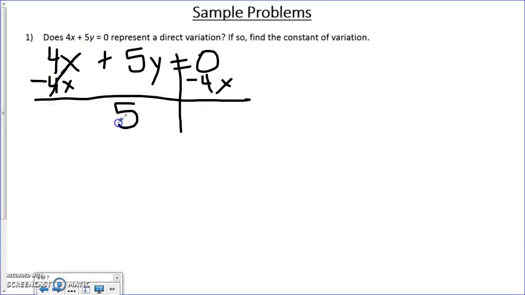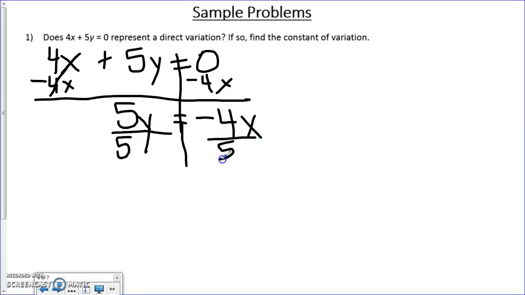We get 5y equals 0 minus 4x, which is just negative 4x. And then our last step here is to divide both sides by 5. So we get the equation y equals negative 4 over 5x.